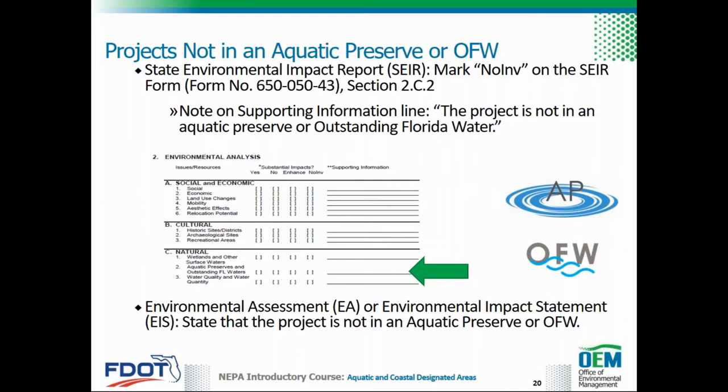Then note on the supporting information line, the project is not in an aquatic preserve or outstanding Florida water. For an environmental assessment referred to as an EA, or an environmental impact statement referred to as an EIS, simply state in the aquatic preserves and outstanding Florida waters section that the project is not in an aquatic preserve or OFW.